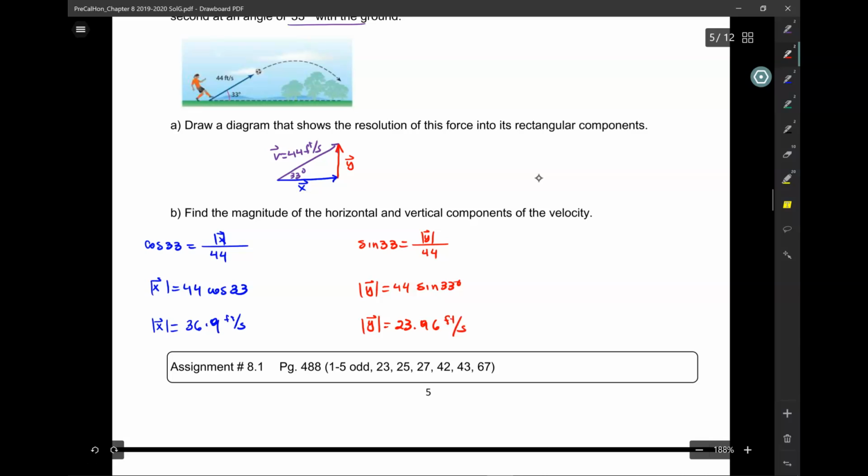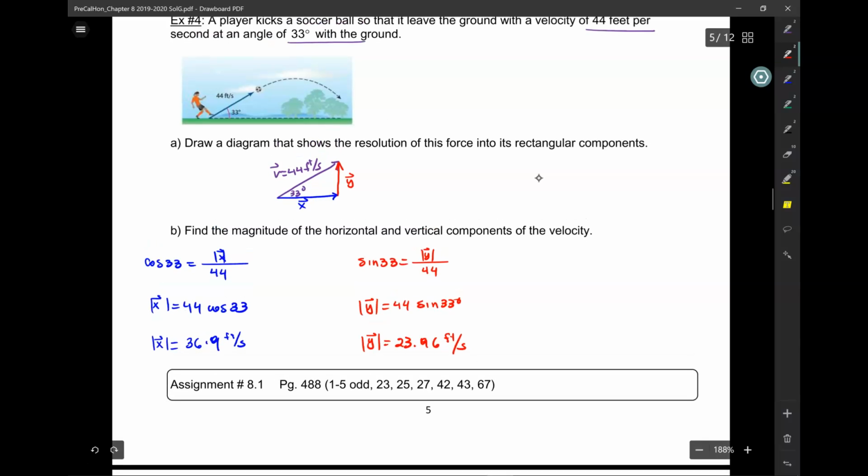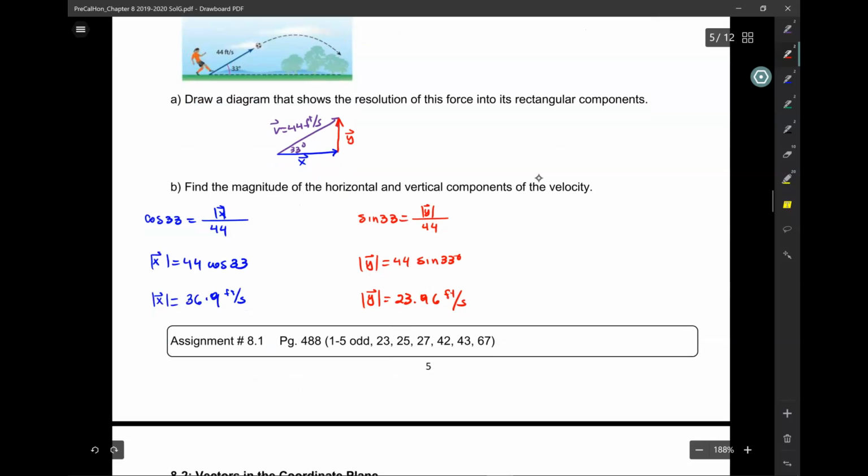Okay, now, talking about speed. Speed cannot be negative. Because when you say it's negative 30 miles an hour, the speed is 30. The negative means it's going in the negative direction, right? So the negative is direction.